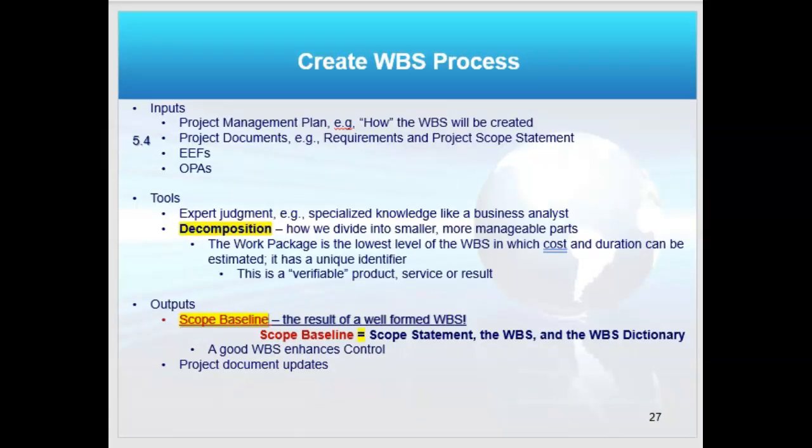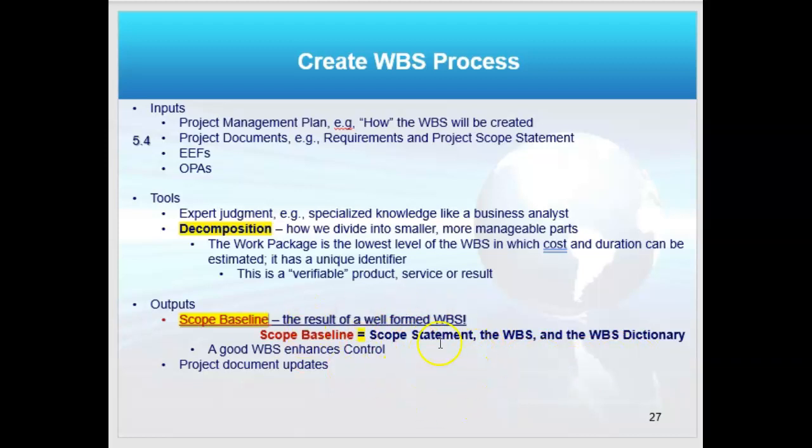So here's the actual process inputs, tools, and outputs. Typical inputs, read them, review them, get used to them. Your tools, the big one is decomposition. I'm breaking down, I'm decomposing that scope statement down to my work packages. My big output is my scope baseline. Remember, by definition, the scope baseline is the scope statement and the work breakdown structure and the work breakdown structure dictionary.